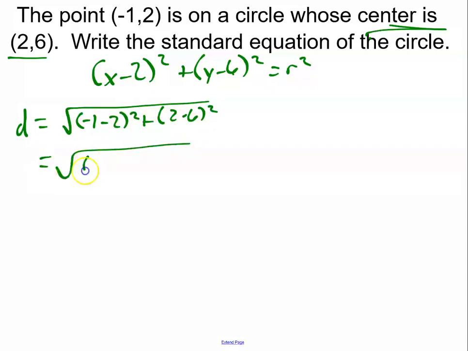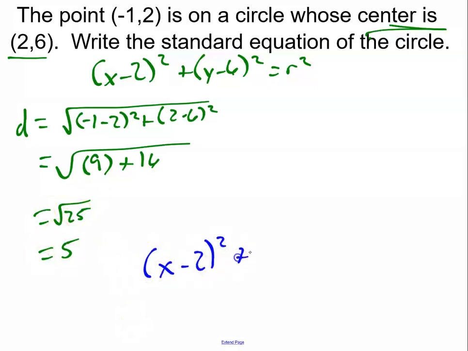That gives us negative 3 squared, which is 9, and negative 4 squared, which is 16. And we get the square root of 25, which is 5. So we get x minus 2 squared plus y minus 6 squared equals 25.